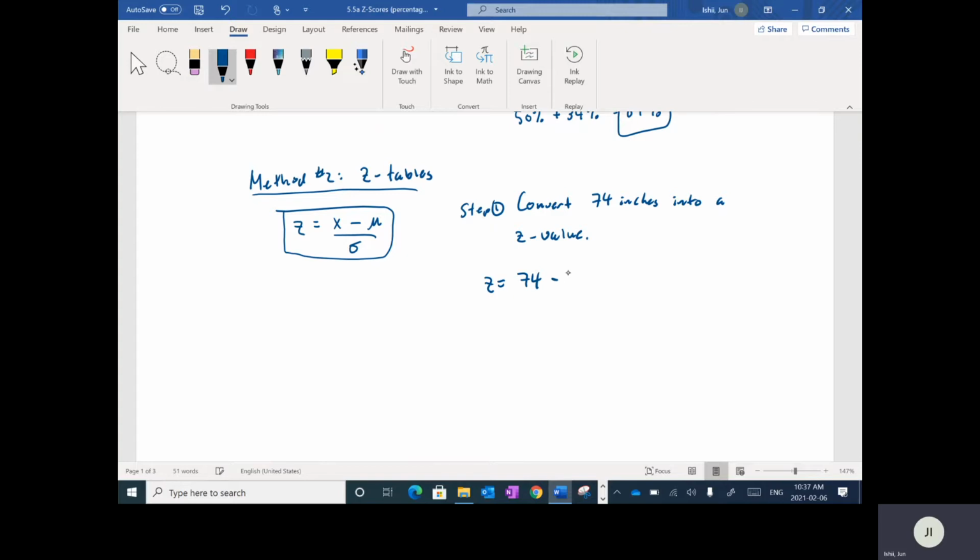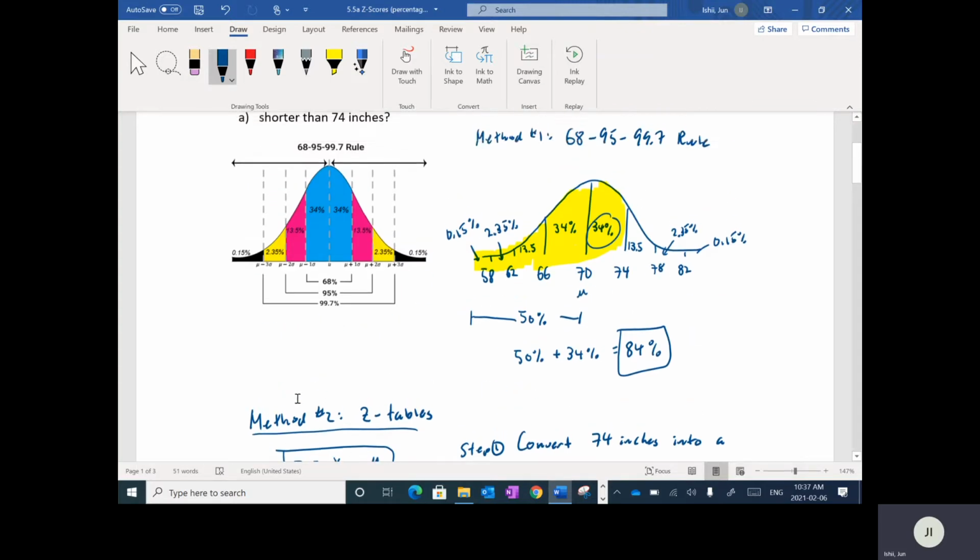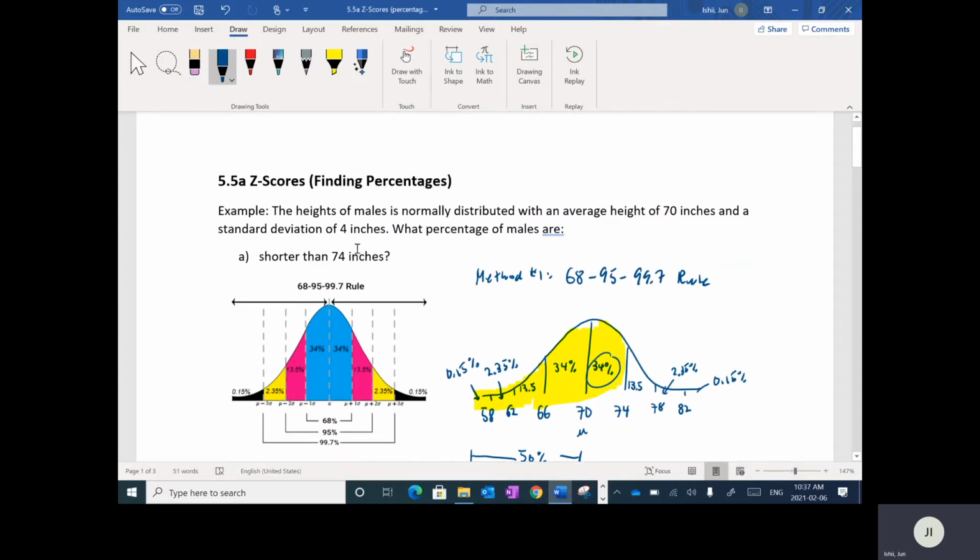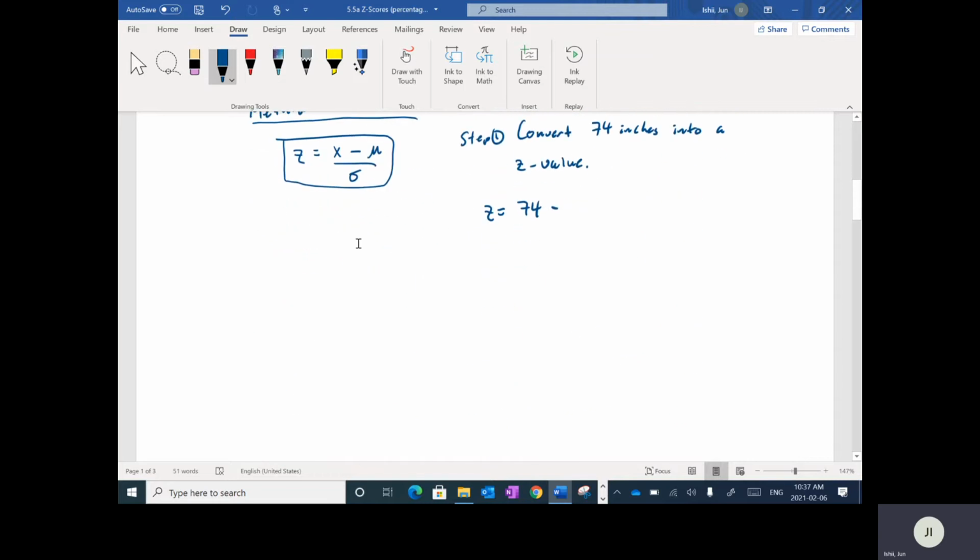From there, I'm going to subtract the mean, which was 70, and we have a standard deviation of 4. So 74 minus 70 divided by 4. 74 minus 70 is 4. 4 divided by 4 is 1. Okay, so the Z score for 74 is positive 1.